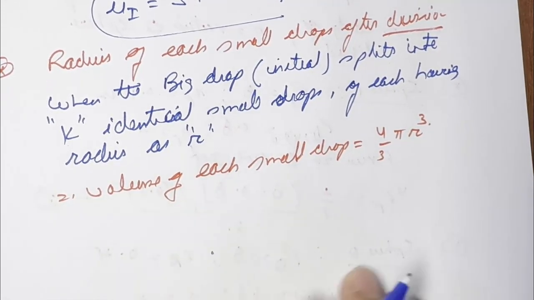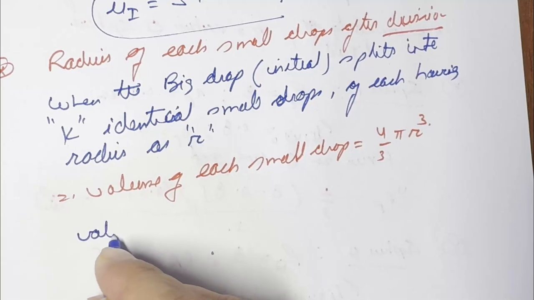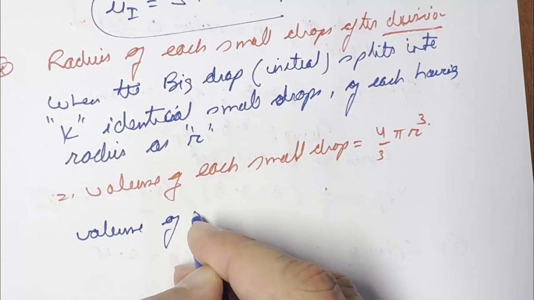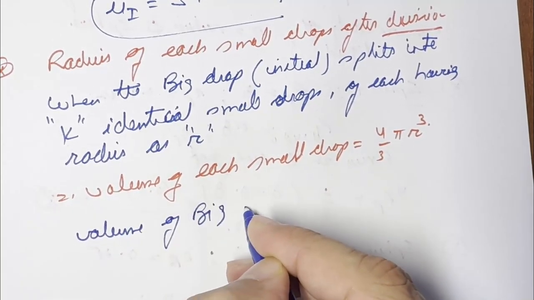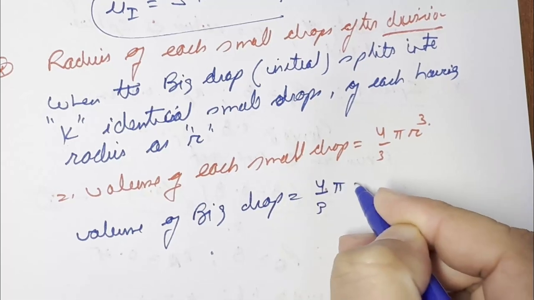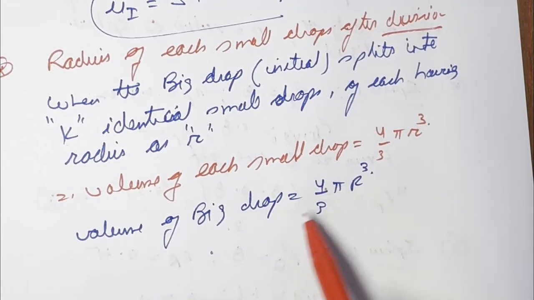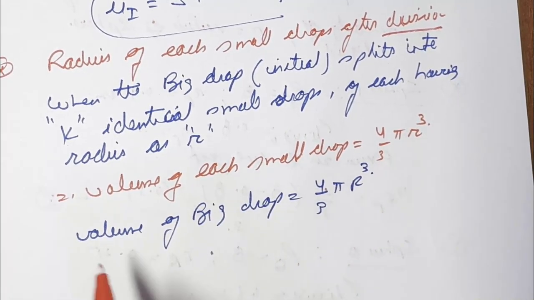And we can also say the volume of the big drop will be equal to 4 by 3 pi R cube, and this big drop divides itself into k smaller drops.